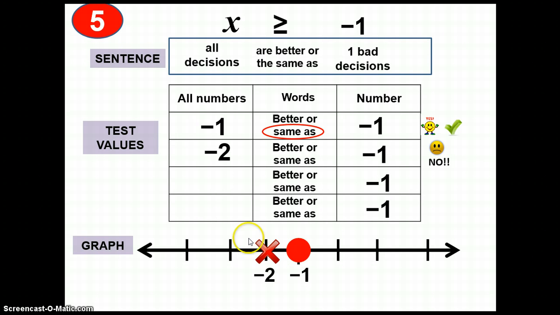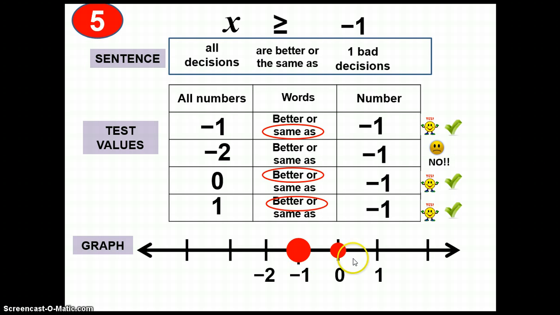No, 2 bad decisions are not better than 1 bad. How about 0? Is no decision better or the same as -1? Well, yeah. How about 1 good decision? Is 1 good decision better than -1? Well, yeah. You can include more, like 2, 3, 4, 5. All of those would be included.